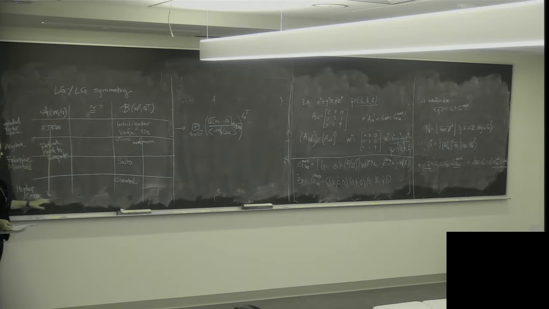In the A model, we know exactly what should happen, except that we can't compute it in most examples. There are some examples where these things have been computed. In particular, the A, D, and E singularities were computed. The A singularities by many people. And then more recently, some unimodal and exceptional singularities and things like that.